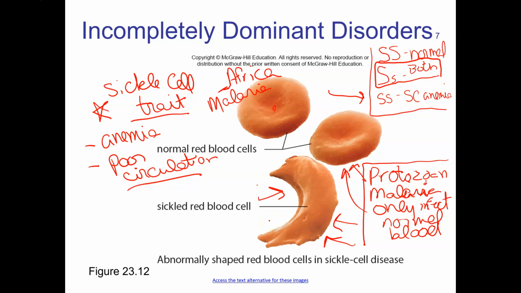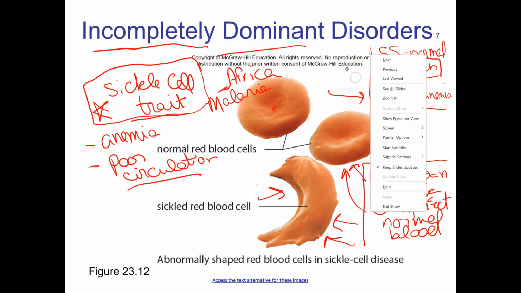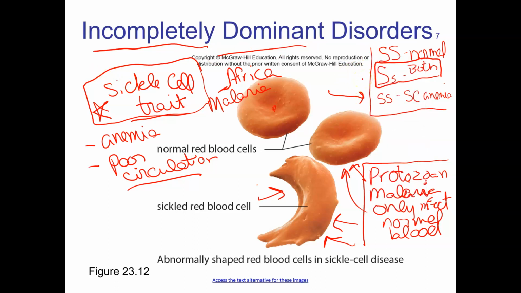How cool is that, right? So this disorder that can kill, because it is an incompletely dominant disorder and it shows differences between the homozygous dominant and the heterozygous, you are more likely to survive in that heterozygous state.